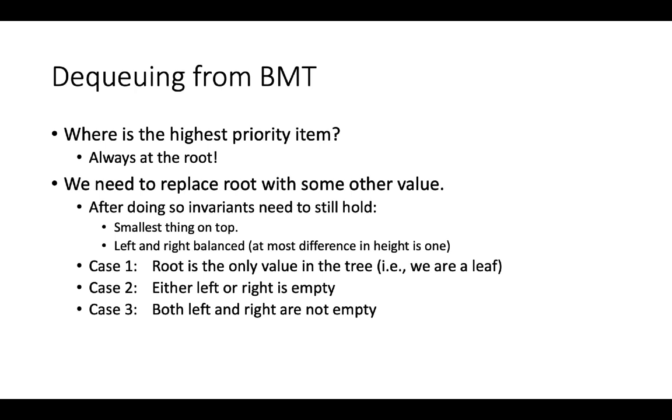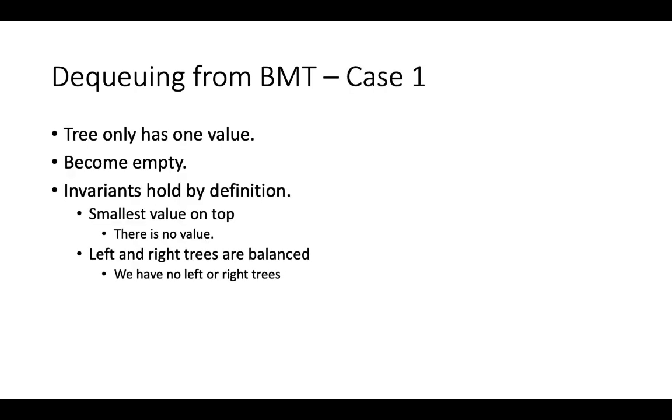relatively straightforward. If we take the only thing out of a tree, what are we left with? An empty tree, that's right. So for case one, if the tree only has one value, then great, we have the value we're going to return, and the only thing we have to do is turn ourselves into an empty tree. Change our fields: set that isEmpty flag to be true.